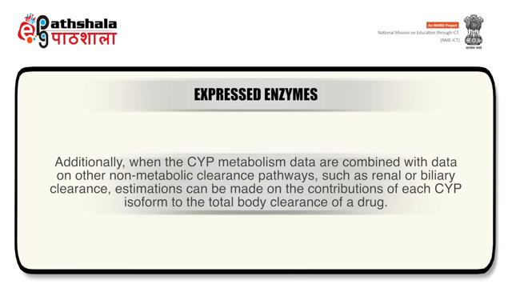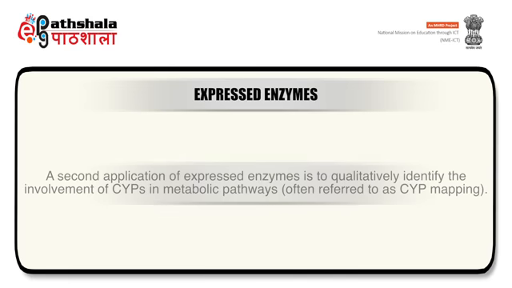Additionally, when the CYP metabolism data are combined with the data on other non-metabolic clearance pathways, such as renal or biliary clearance, estimations can be made on the contribution of each CYP isoform to the total body clearance of a drug. A second application of the expressed enzyme is to identify the involvement of CYPs in a metabolic pathway.